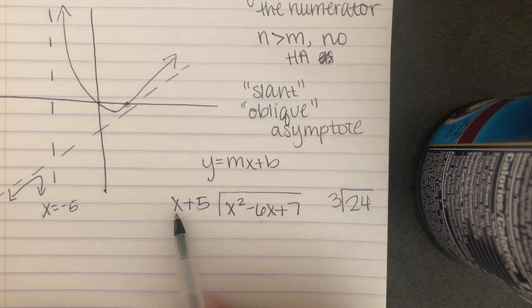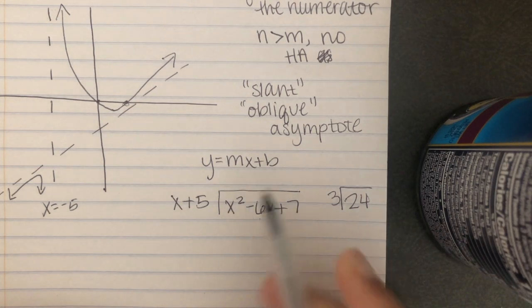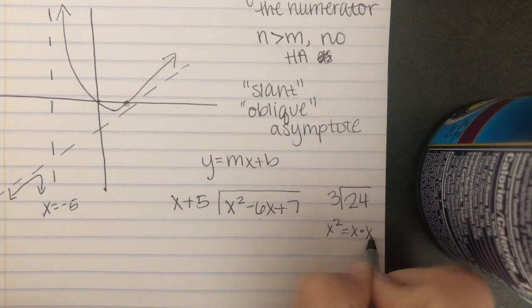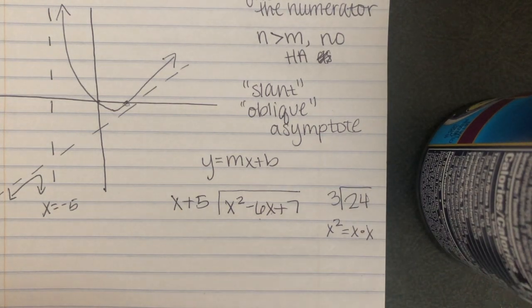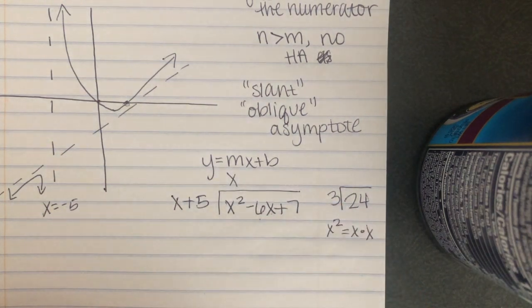So how many times can x plus 5 go into x squared minus 6x plus 7? So you'll notice that x squared is equal to x times x. So what you can do is you can say x right here.